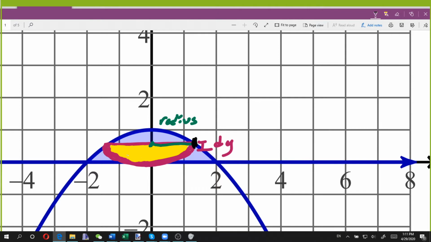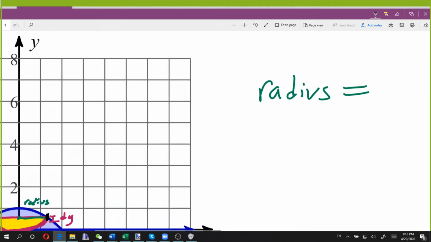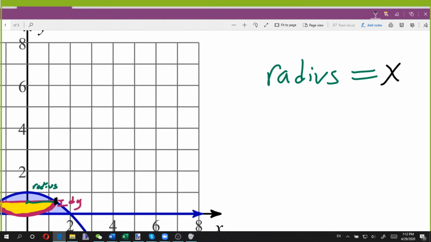Wherever we pick our x value here right now, whatever our x value is right now, will be the distance from that x value to 0. So our radius is x. And that's actually all we need. Our depth is dy.